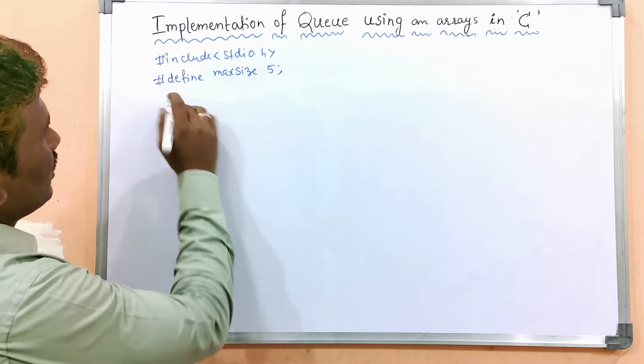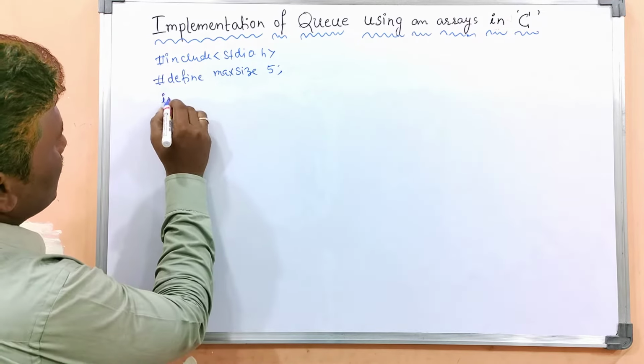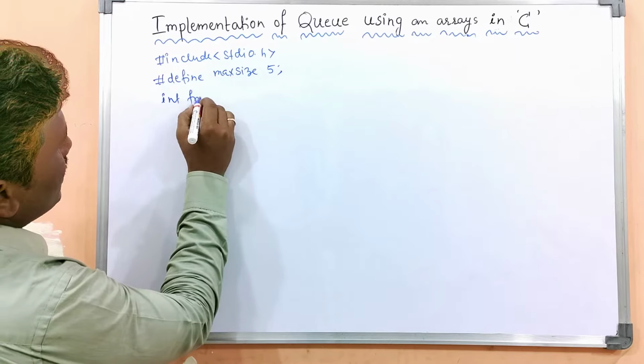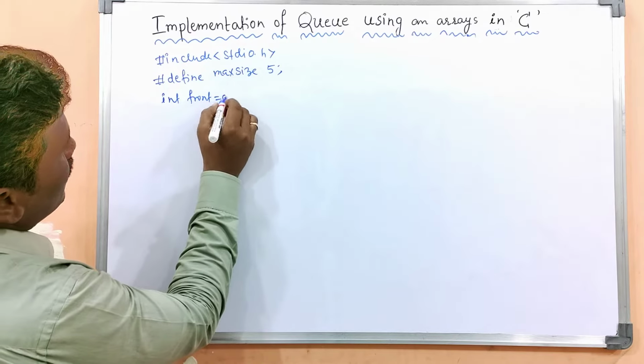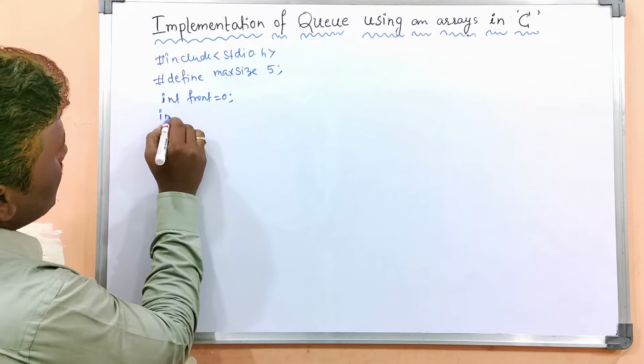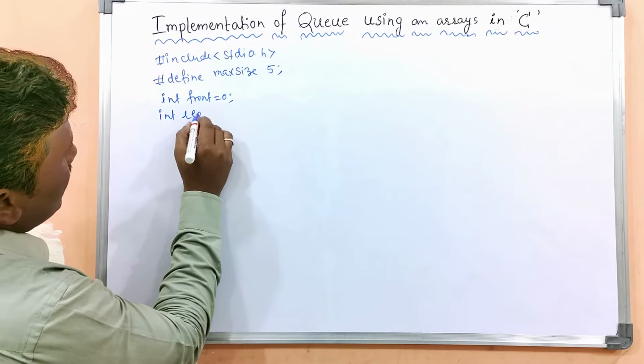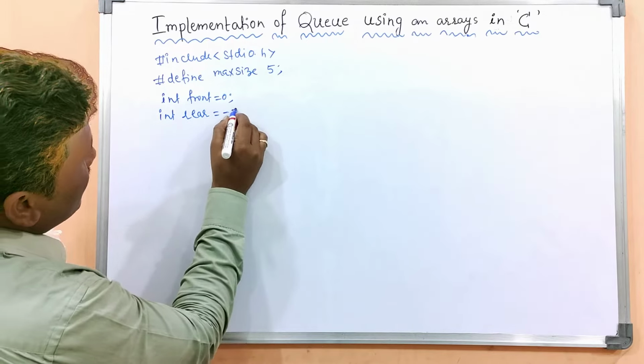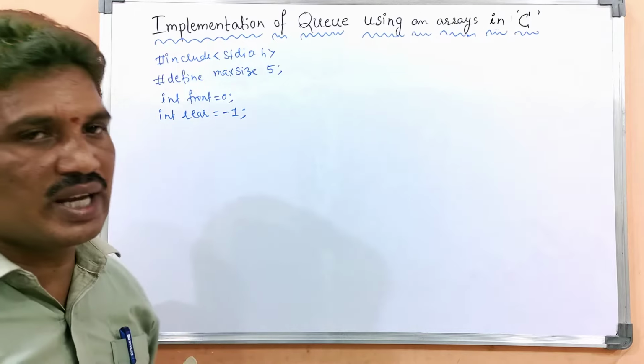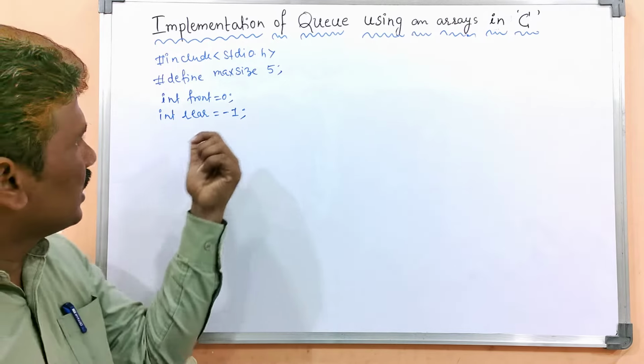Got it? After that, variables are required. int front equal to 0, then int rear equal to -1, because these two variables have been declared.